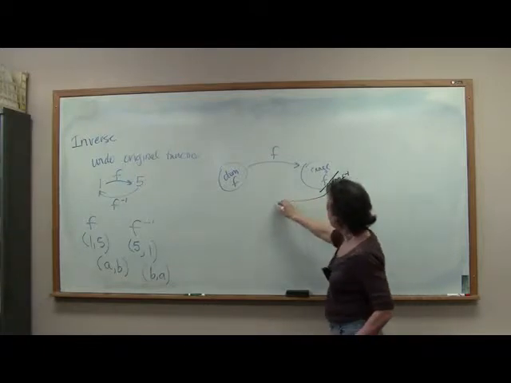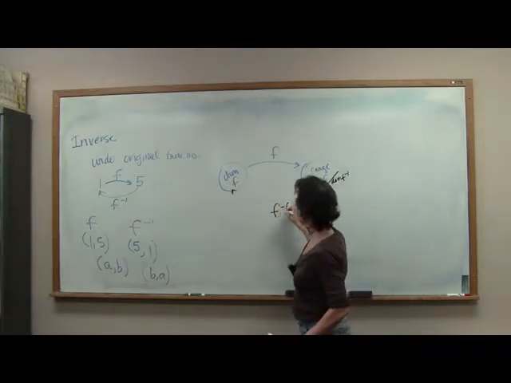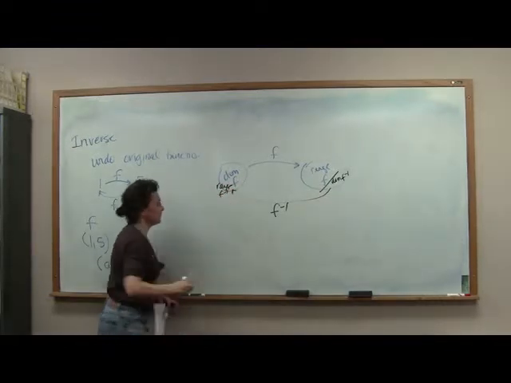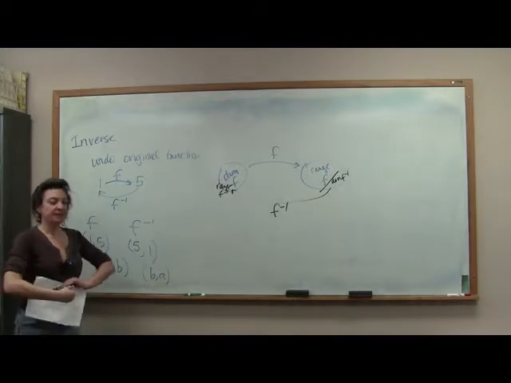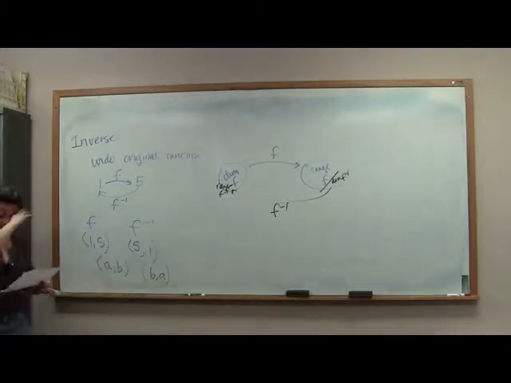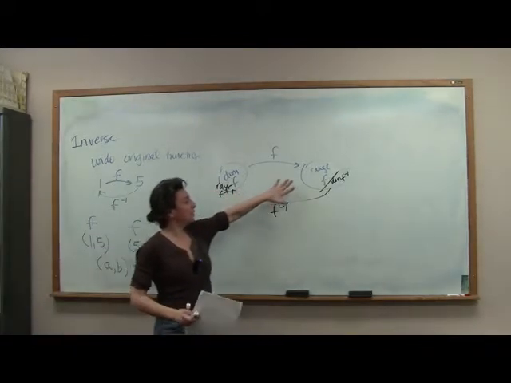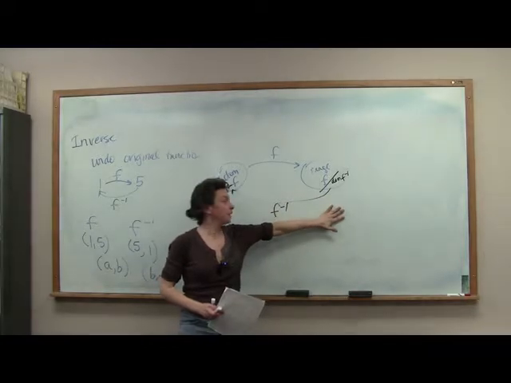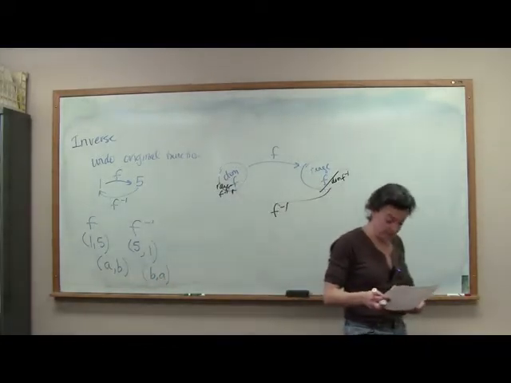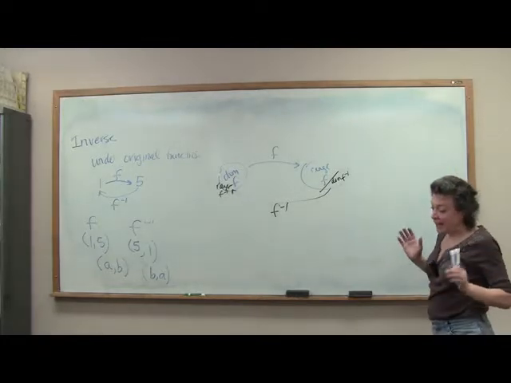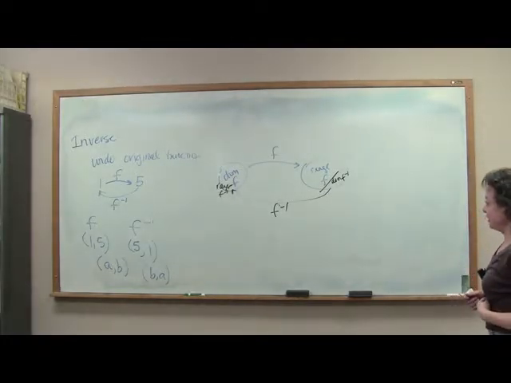So that's the domain of my inverse, and this is the range of my inverse. So, one important thing to notice is that the domain of your function is the range of your inverse, and the range of your function is the domain of your inverse. Okay? So, that is number one with these functions.